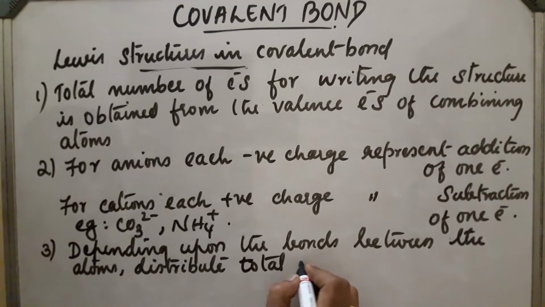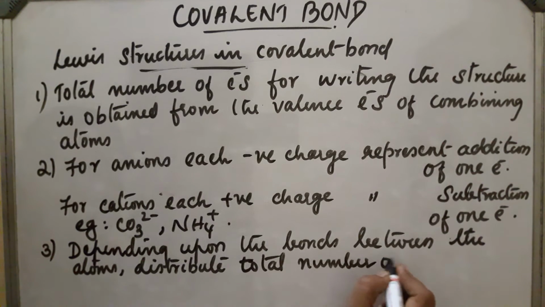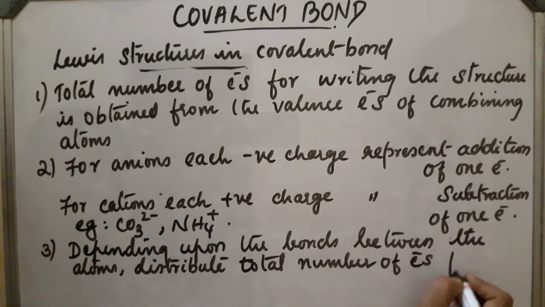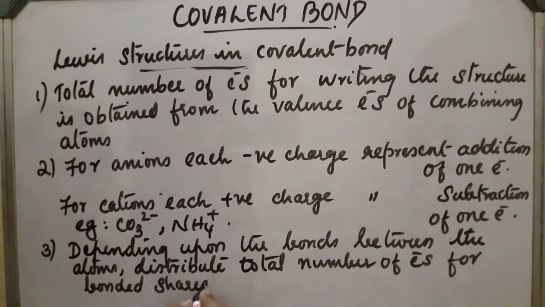Total number of electrons for bonded shared pairs. So, third point.